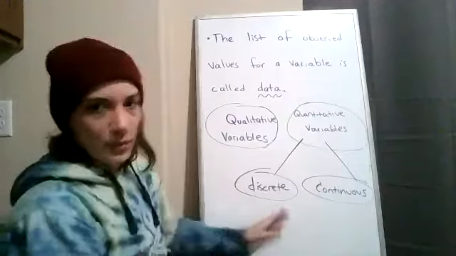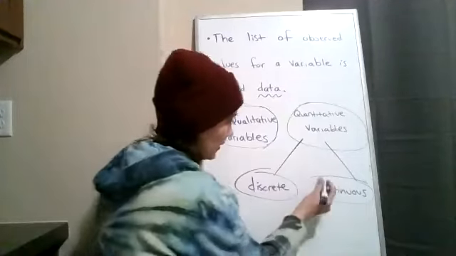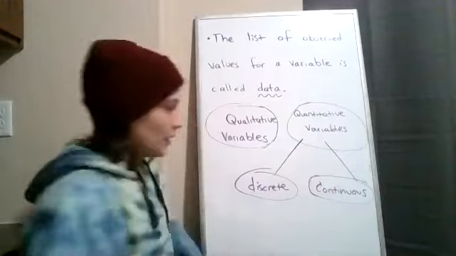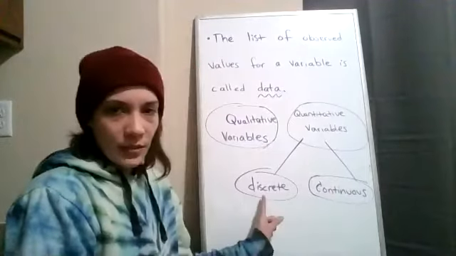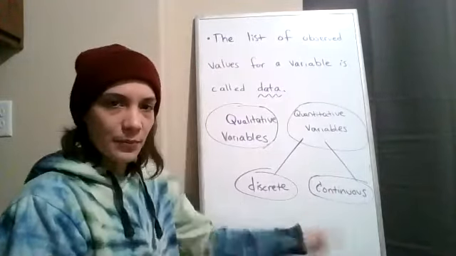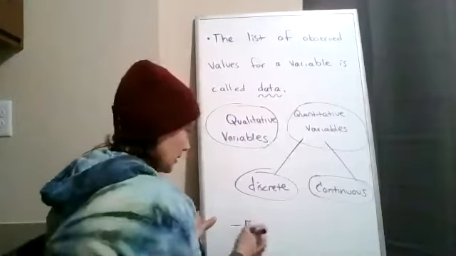Again, there's no overlap there. Okay, I think we want to do those definitions for discrete and continuous next time. We'll end it there.